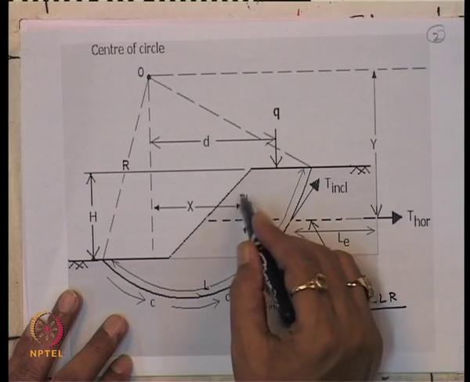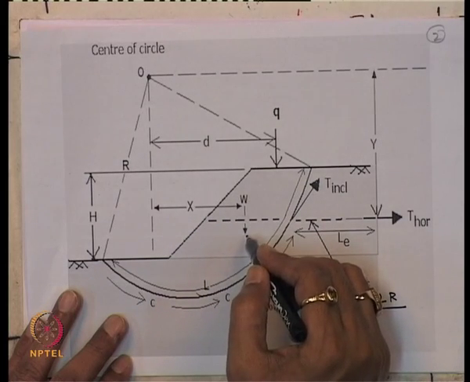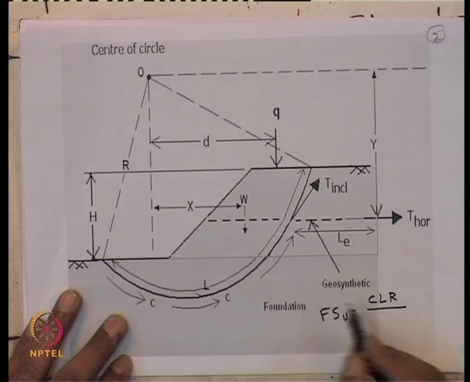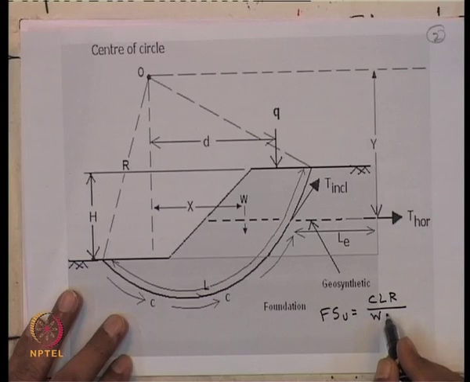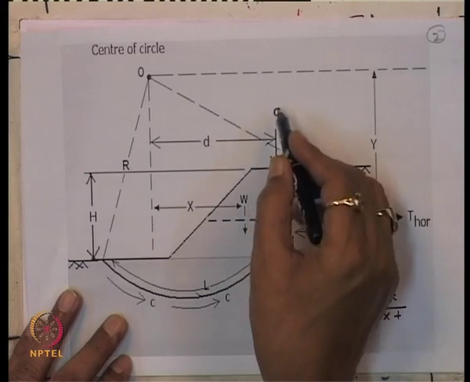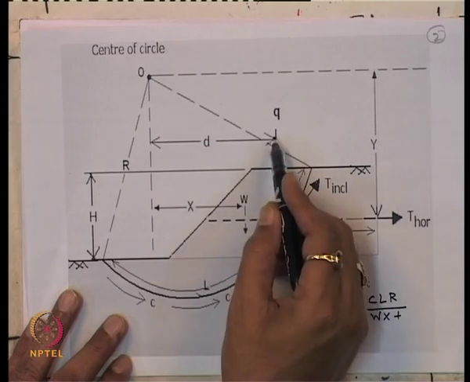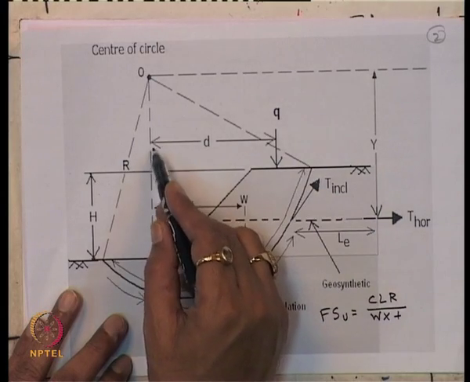Driving moment is due to the weight of the embankment, so W into X, plus due to this surcharge load Q, that means Q into D, which is located at a distance D from the center of the circle.